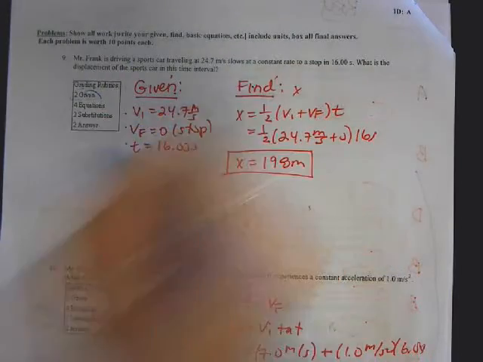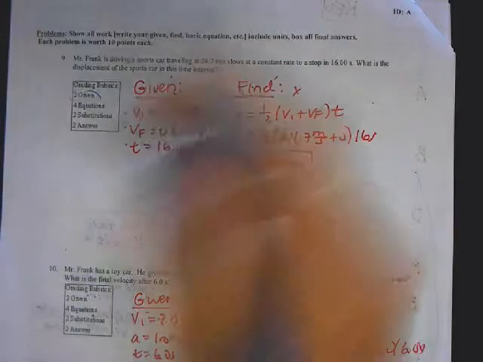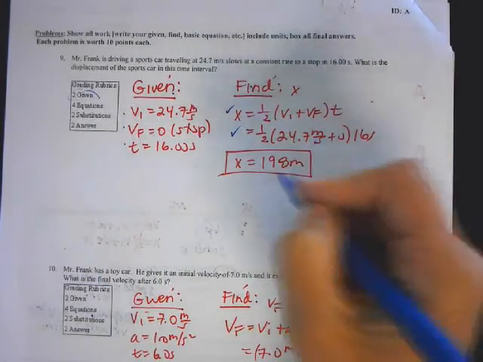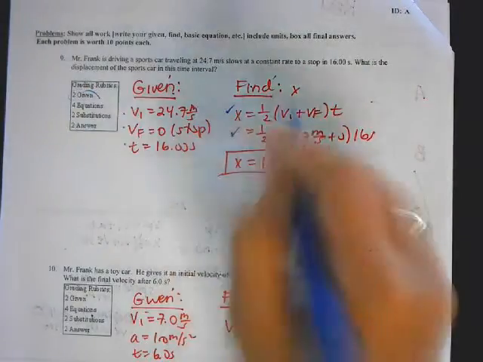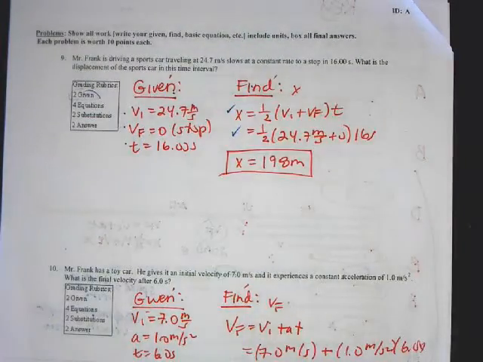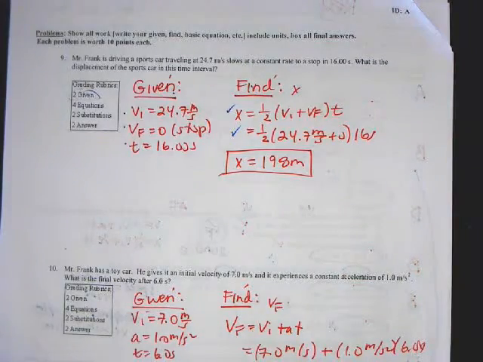So if you have all your stuff that you have here, you get credit for that. Then writing the basic equations, when I put equations, substitute in the answer. So everything is worth points. If you don't do all this and you just write 198 meters, you're going to get 2 points for just the answer. The best way to do a problem is you chunk it.